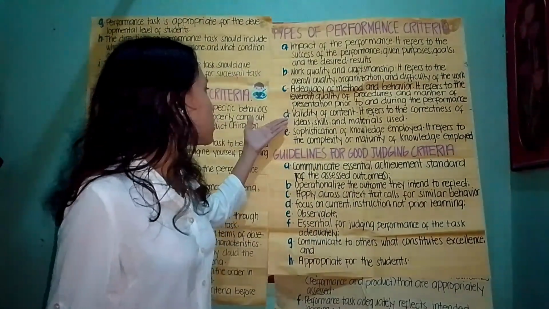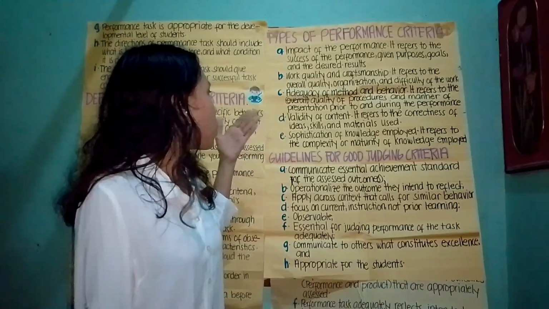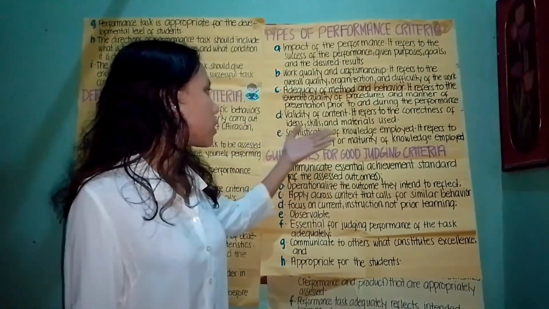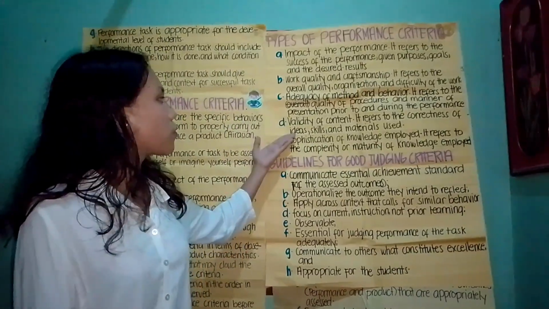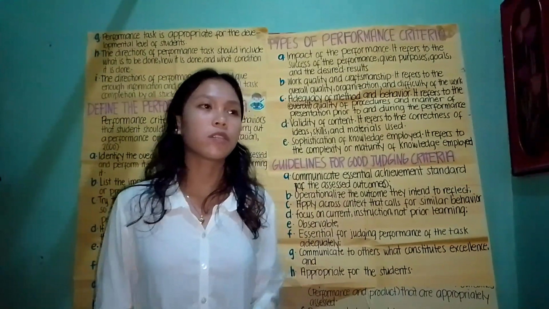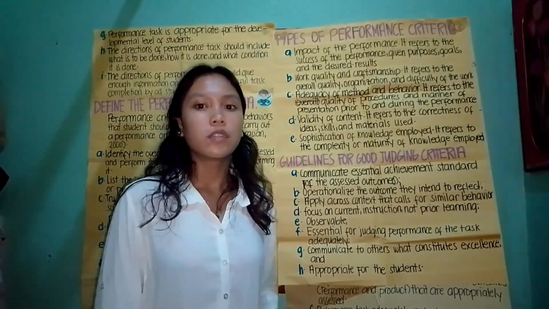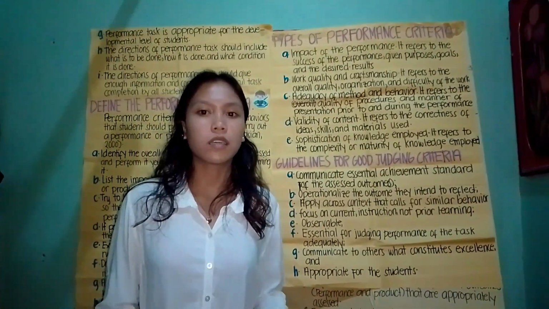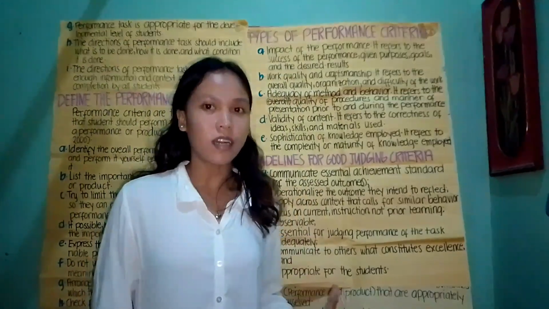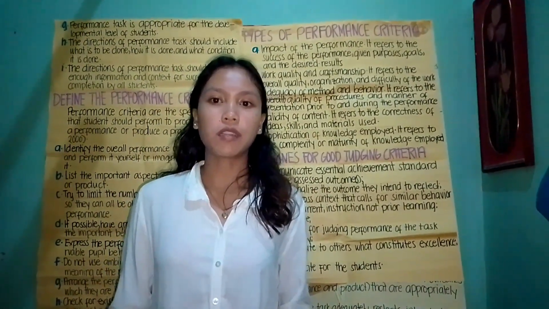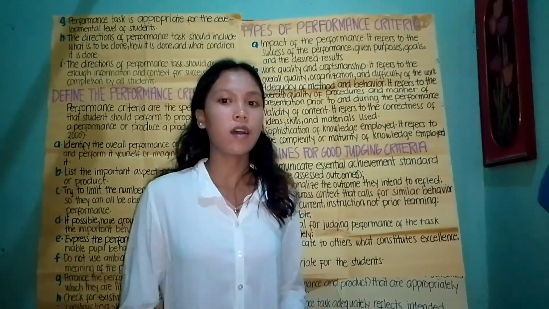And for letter D is validity of content. It refers to the collections of ideas, skills, and the materials used. So, validity of content. So, kisay ano na sa inyo dali na idea about ani? Okay, very good. So, ang validity of content ensures ideas and skills and materials used are accurate and appropriate for the task.